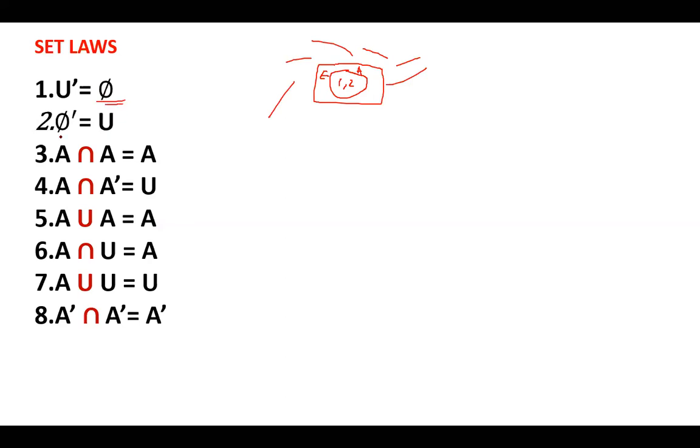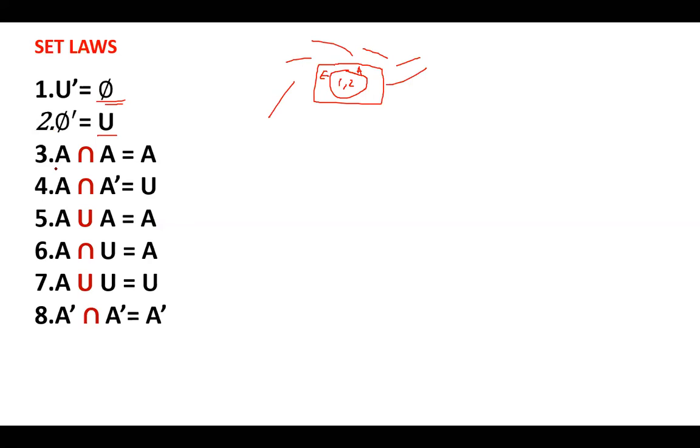The opposite is also true: the empty set complement is equal to the universal set. The complement of the empty set will also give you the universal set.